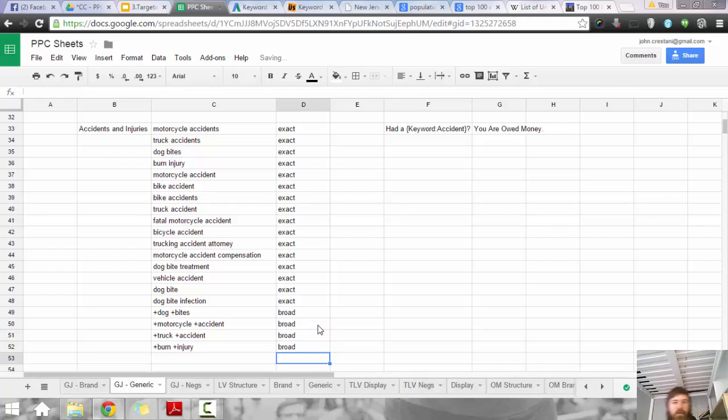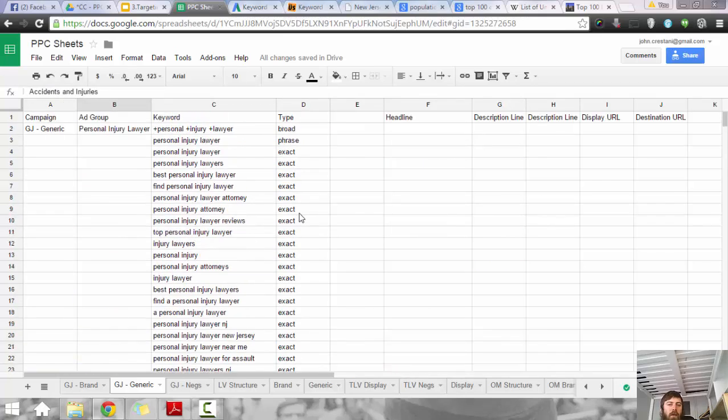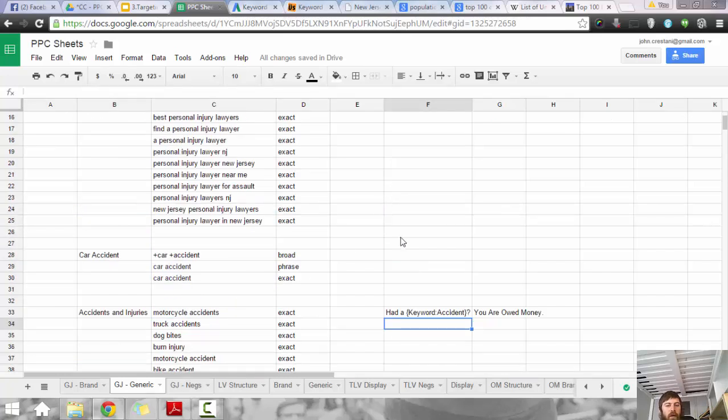So keep in mind this doesn't follow my 127 ad group rule, but that's because we're really dying for search volume in this campaign. We don't have a lot of search volume, and we want to have enough search volume to make it worth it for the group, so we can test ads in the group.